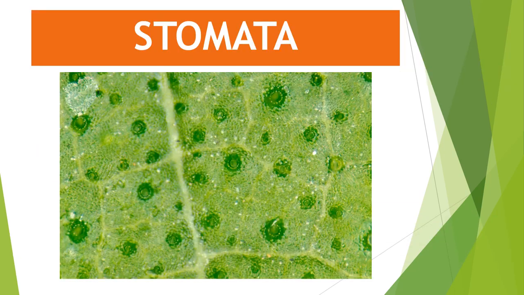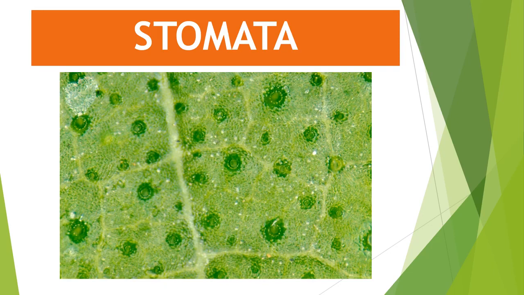Next portion is stomata. What do you mean by stomata? Stomata are tiny pores that we can see beneath the leaves. Beneath means under the leaf. The definition of stomata: stomata are tiny pores that we can see beneath the leaf.